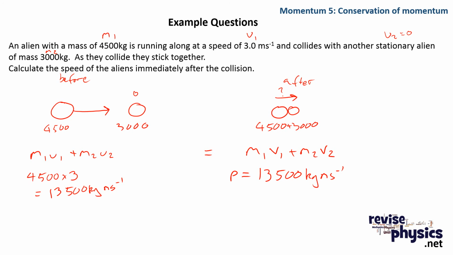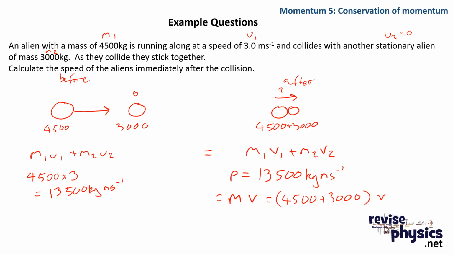Now I can, because they've stuck together, model this as one giant particle. So I can say that the momentum before has to equal mv, where m is 4,500 plus 3,000, times the velocity that I'm looking for.